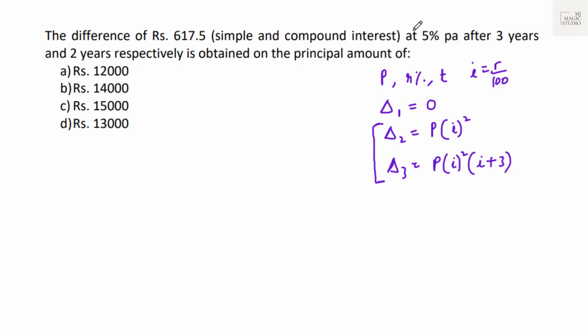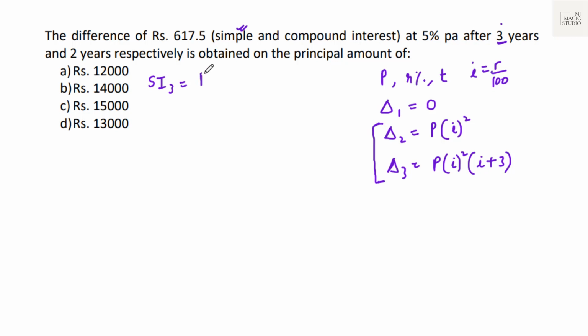The difference of rupees 617.5 at 5% per annum after 3 years and 2 years respectively is obtained on the principal amount of what? Here the thing is different because the time is different. Simple interest is for 3 years and compound interest is for 2 years.